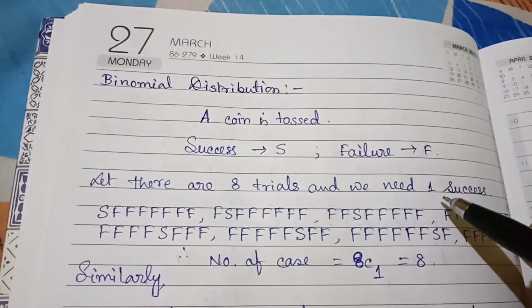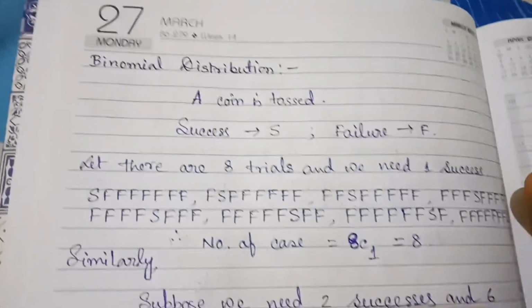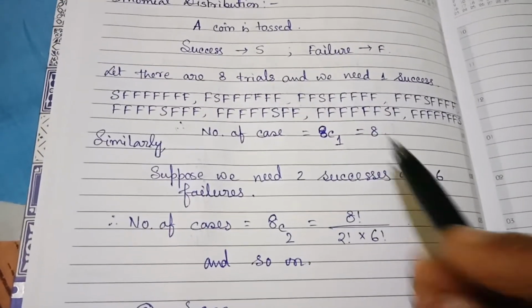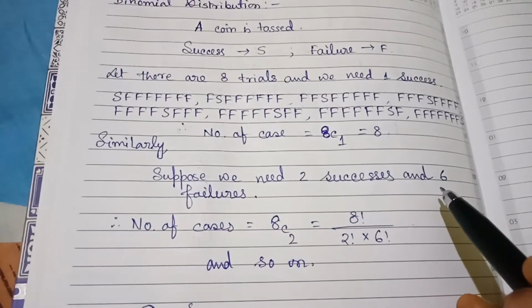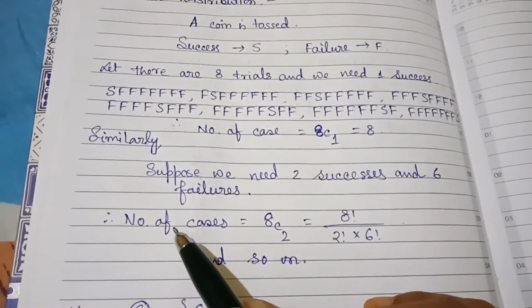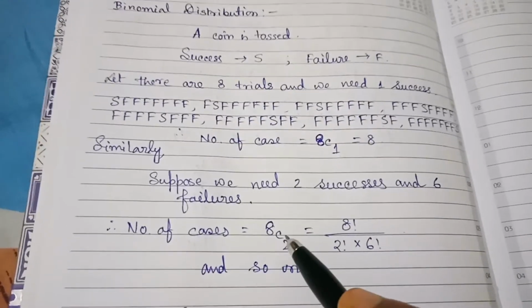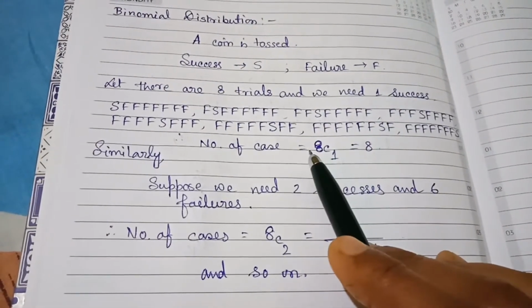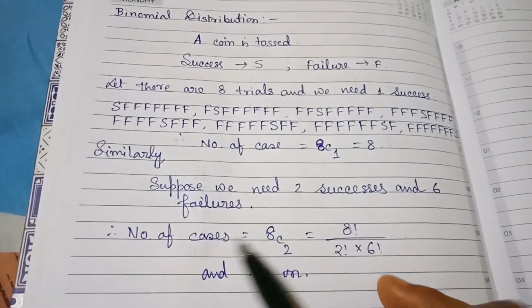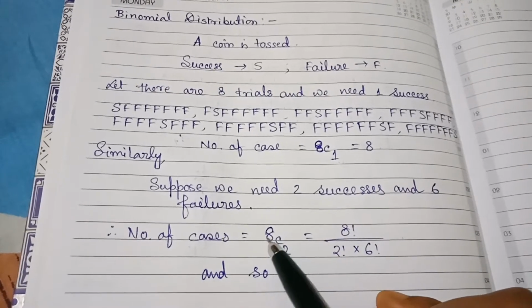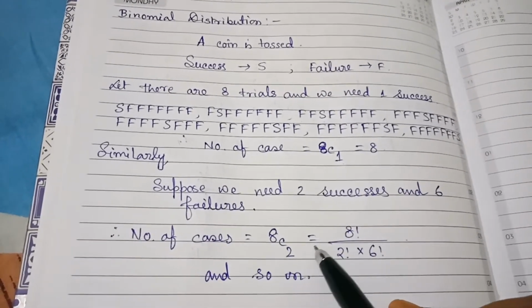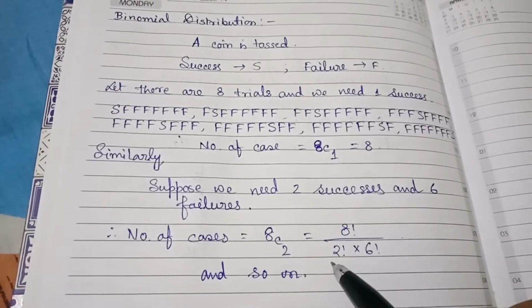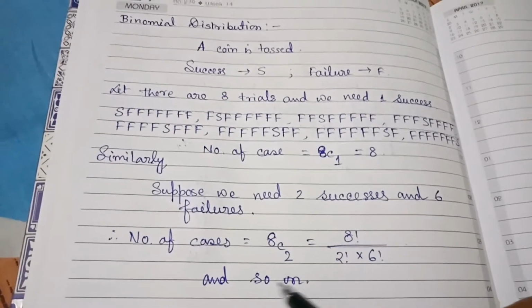Similarly, suppose we need 2 successes. Then how? If we need 2 successes, that means 6 failures will be there. Okay, that means number of cases will be 8C2. 1 success for 8 trials, 8C1. 2 successes for 8 trials, 8C2 is equal to, you all know, the combination formula, that is 8 factorial divided by 2 factorial and 6 factorial and so on.